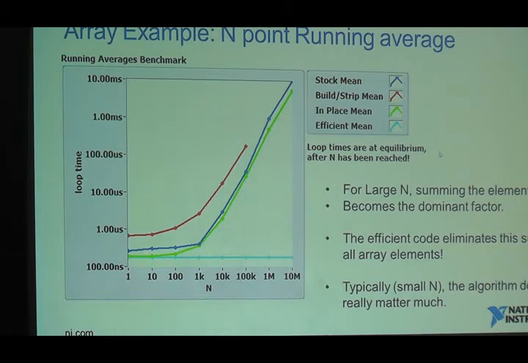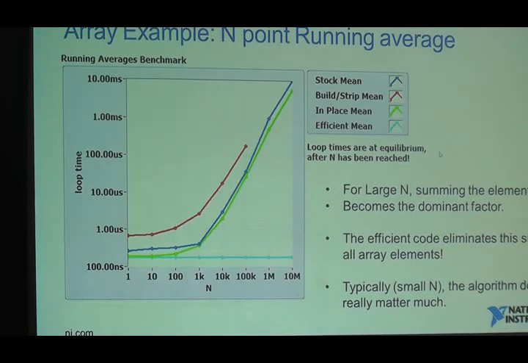So these are sort of flat, but at one point, the summing of the array element takes over, which is, of course, with a complexity of n, so the slope should be 1 in the log-log plot, and it sort of is, right? Yeah, it goes from here to here. But if you now look at the stock, it's sort of good, it goes up. Of course, because of the sum.